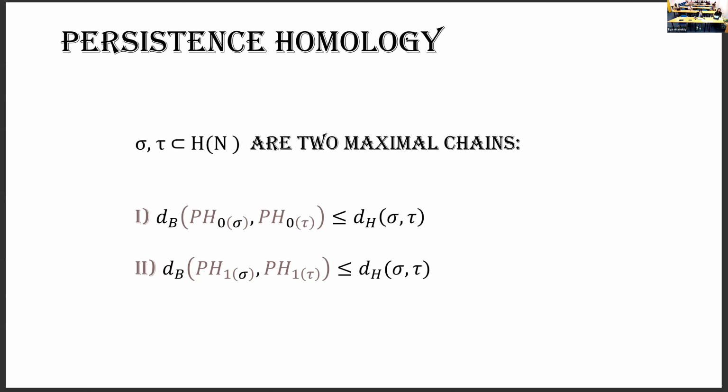And we managed to figure out that the bottleneck distance between the persistence diagrams of dimension 0 and dimension 1 associated to any two maximal chains sigma and tau is bounded from above by the discrete homotopy distance between the maximal chains sigma and tau. That's kind of where persistent homology ends.